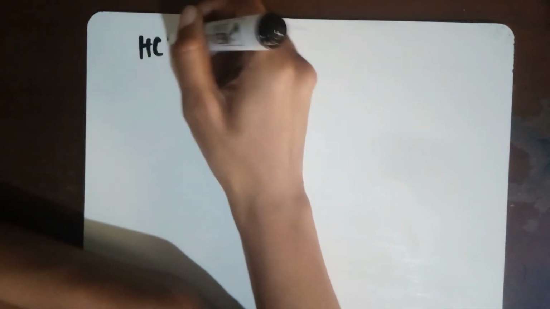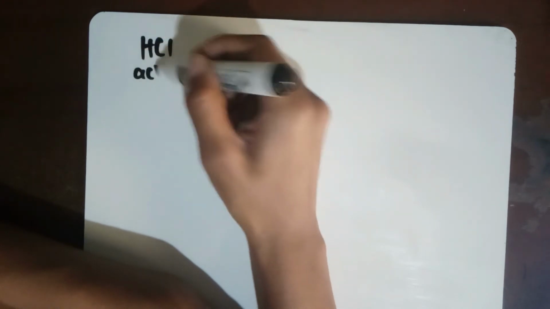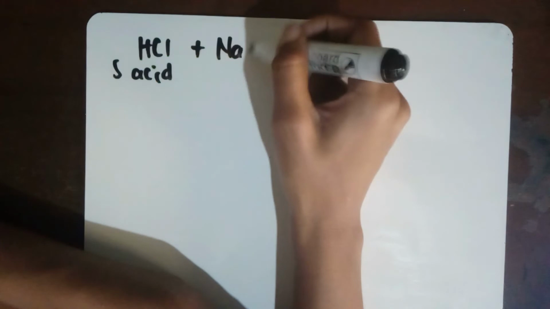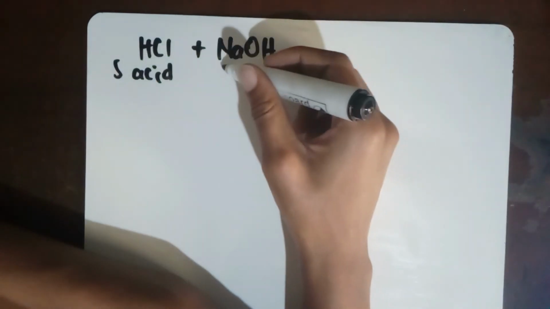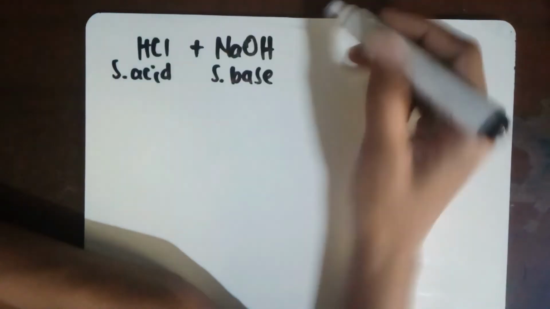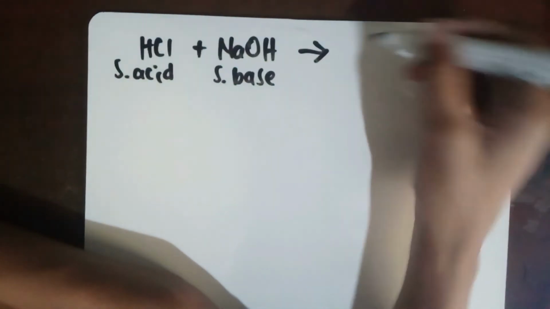So we can take an example where we have HCl, which is a strong acid, plus sodium hydroxide, which is also a very strong base, which we have done in the previous lesson.